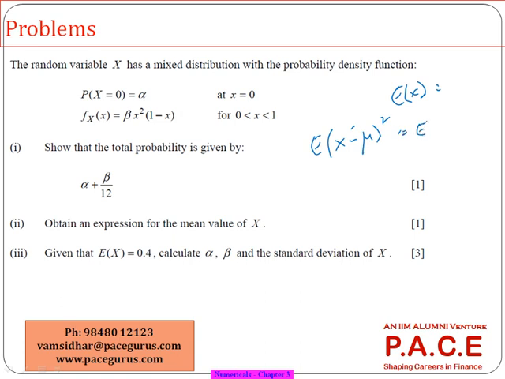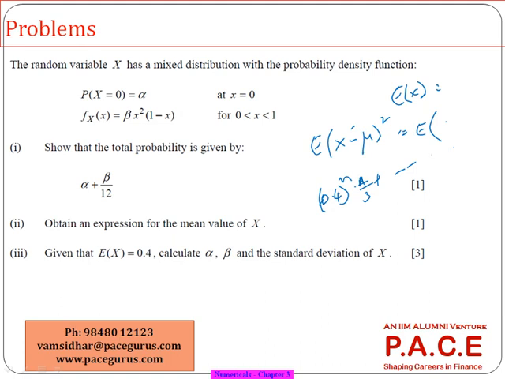So expectation of x is 0. 0 minus mu, for us now it came out as 0.4 for the whole distribution. So it is actually coming out as 0.4 squared into alpha, which is 1 by 3, plus whatever we have done, the beta part.